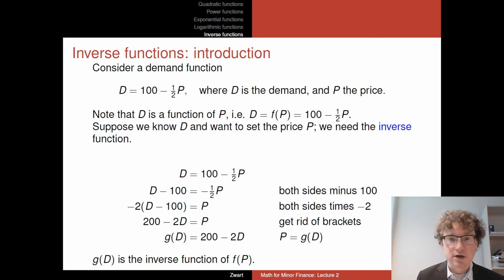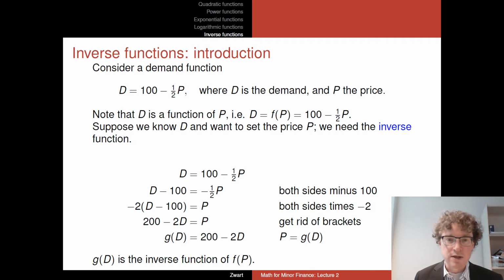So if D equals 100 minus a half P, can we rewrite this? Well, not so difficult. Bring 100 to the left-hand side by subtracting it from both sides and multiply by minus 2, and then indeed P is there on its own. So P equals 200 minus 2D once we get rid of the brackets.